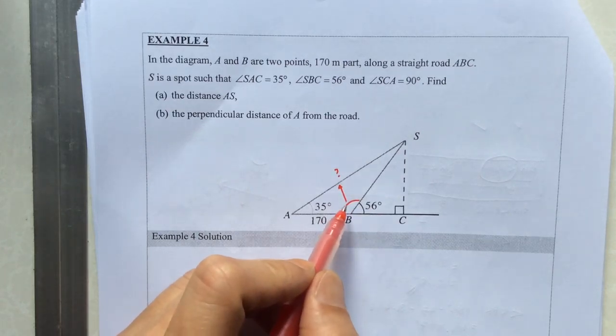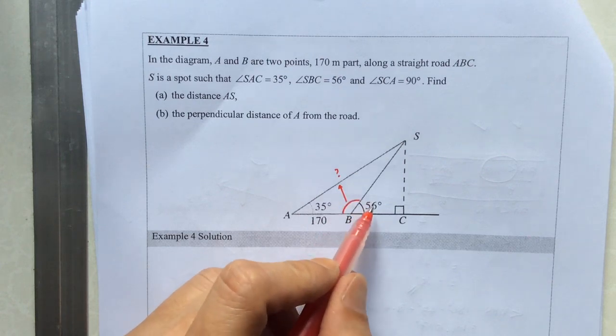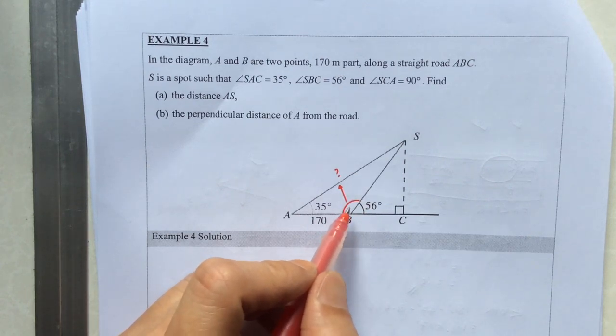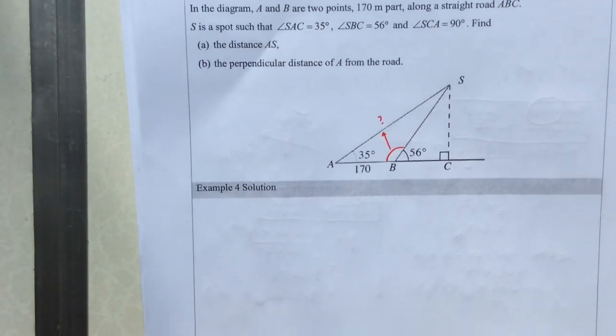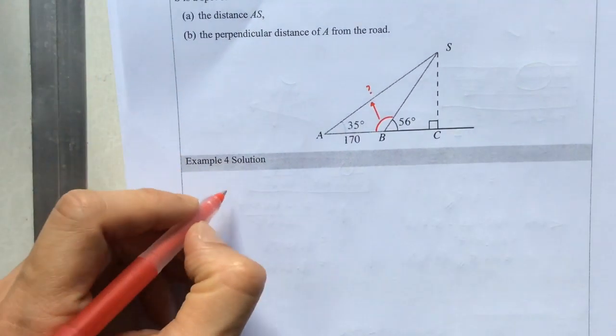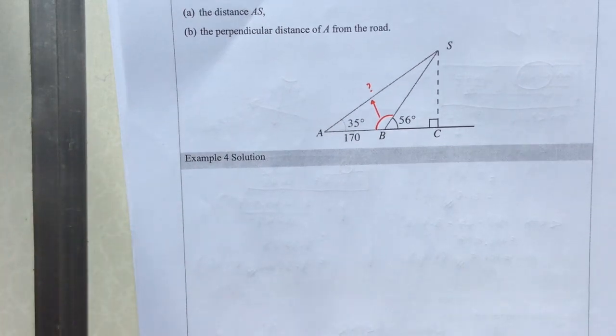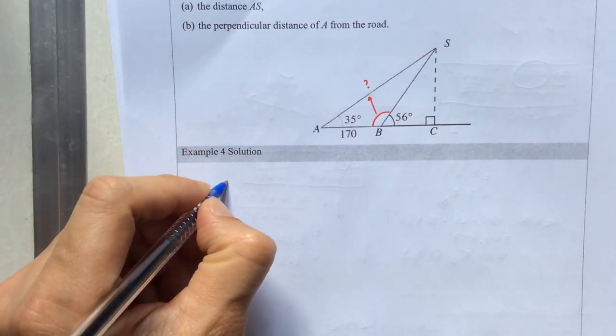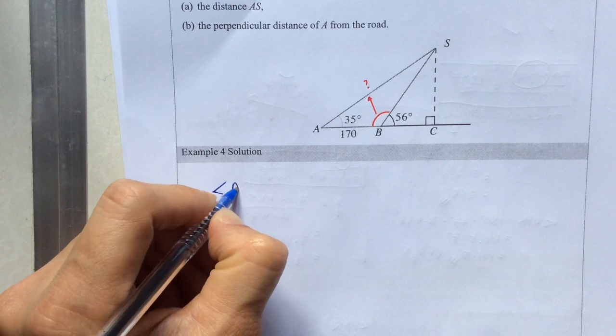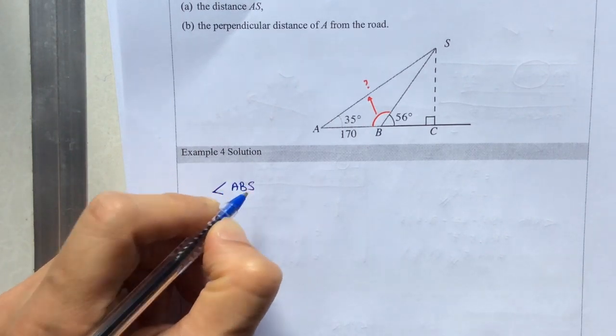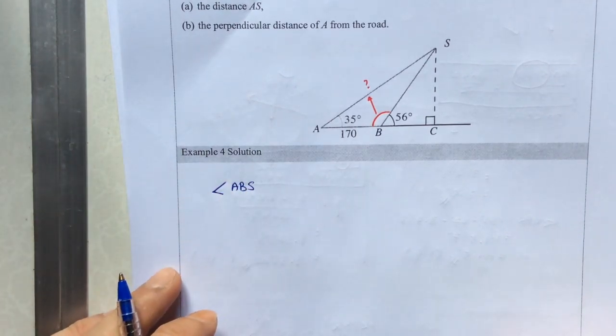So I can find the red angle by using 180 degrees minus 56 degrees. I'm going to solve that part of the angle first. So I'm going to find the value of angle ABS. This is the angle that is in red.